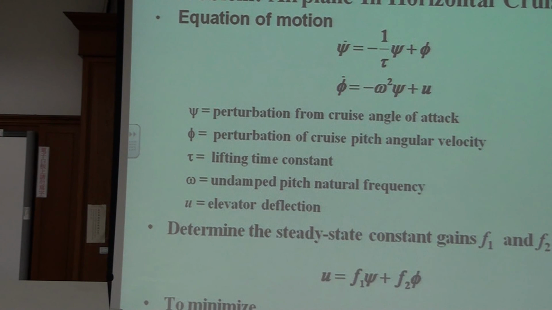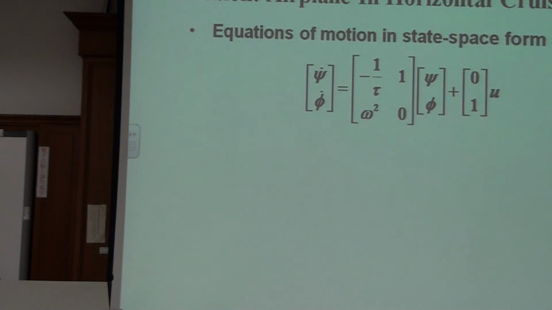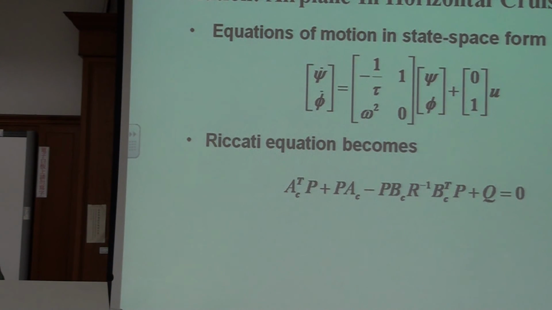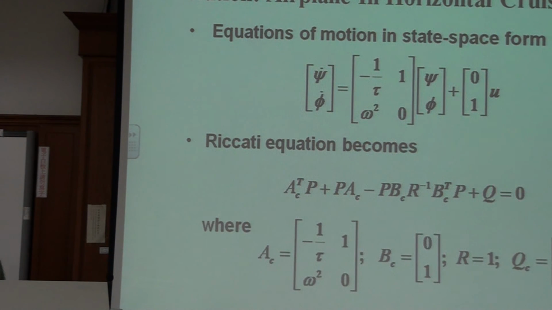Now from here, how much is R? 1. And how much is Q, the weighting? And we can see the next. That's the equation of motion, and the equation becomes like that. And so we have AC, BC, and R equal to 1, QC equal to 1, 0, 0, 1, right?